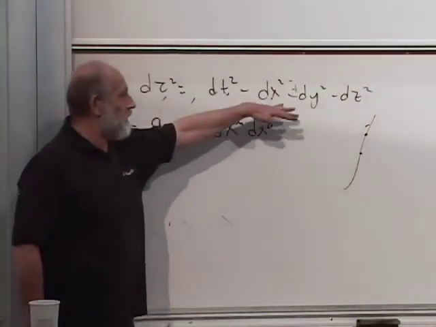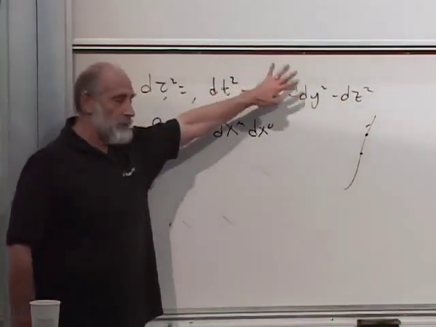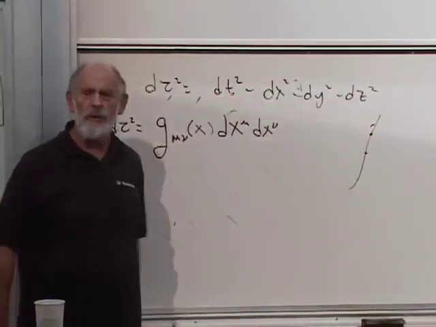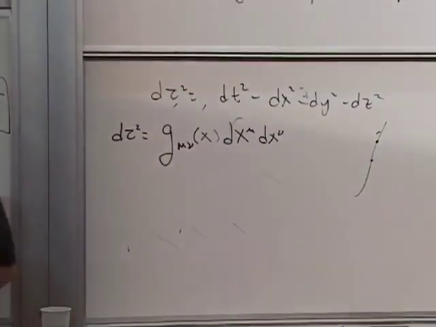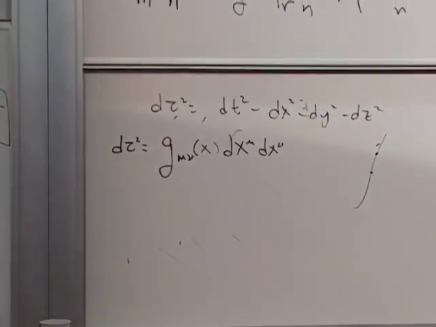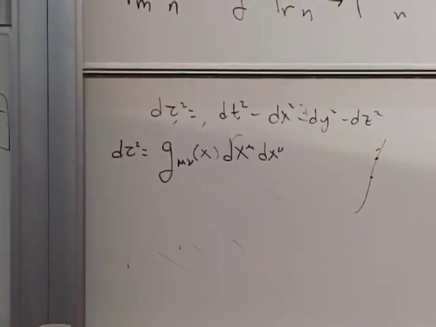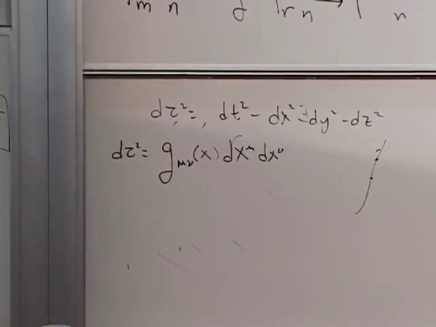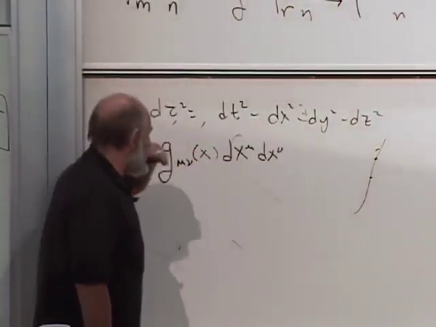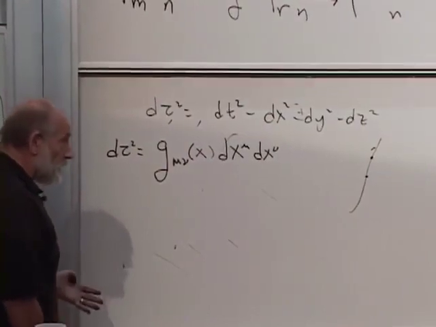Let's call these simple coordinates like this. Should we call them Cartesian? Minkowski. Good. Minkowski coordinates. Yeah, ordinary Minkowski coordinates. And Minkowski coordinates are not unique.